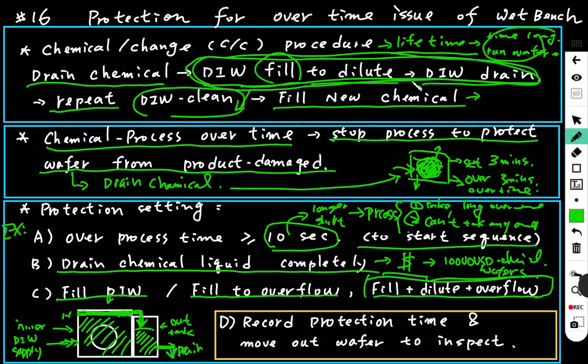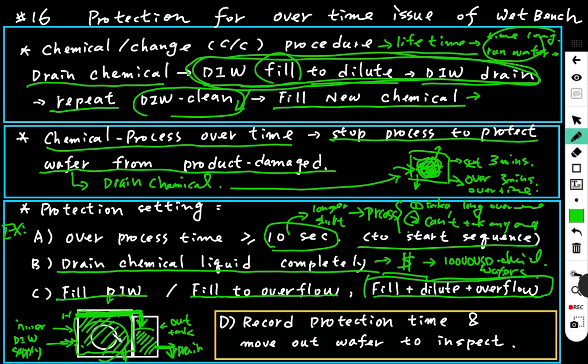Dilute, just as we talked about, means we fill the DI water, then start the pump to circulate, using the DI water to dilute all the tank, the piping and the wafer, then drain and fill the DI water full and dilute several times.